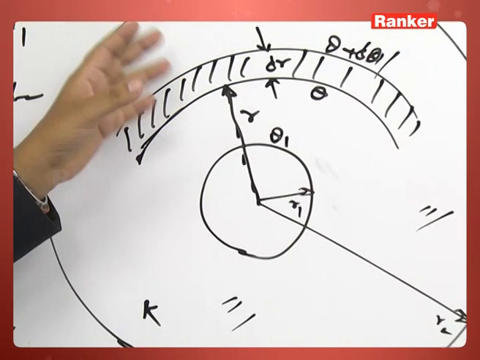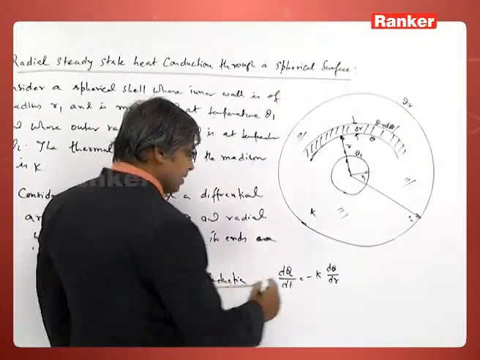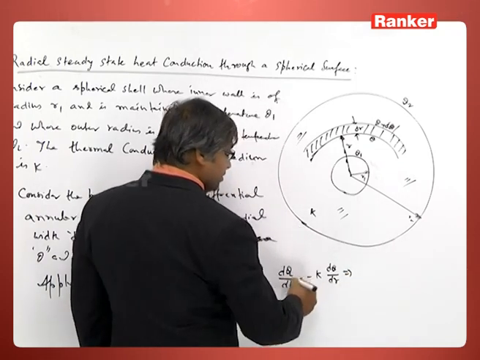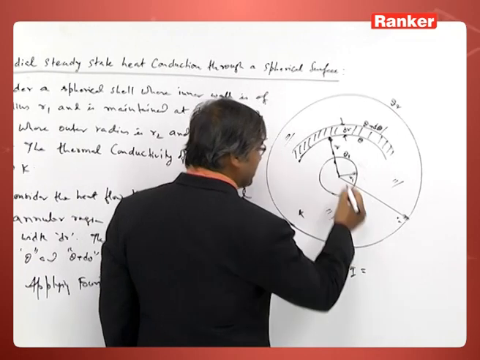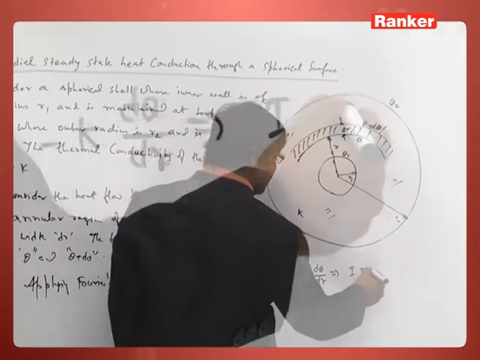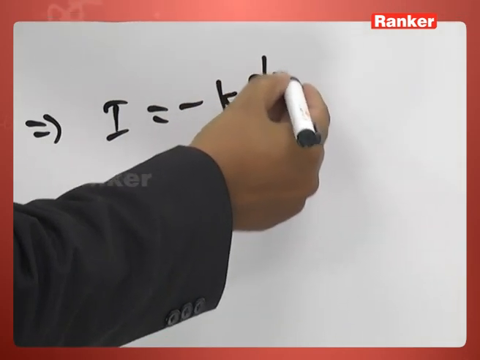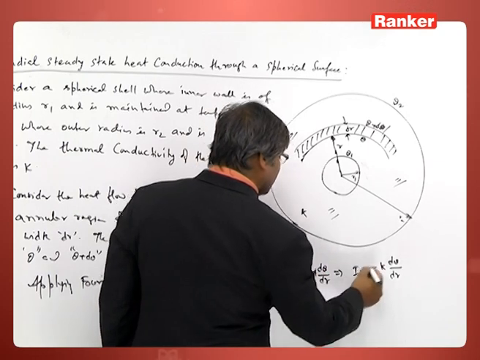So, I can apply the one dimensional formula along the radial direction. So, I is the heat current at steady state, flowing through all cross sections, equal to minus k d theta by dr, and here the area of cross section will also come.